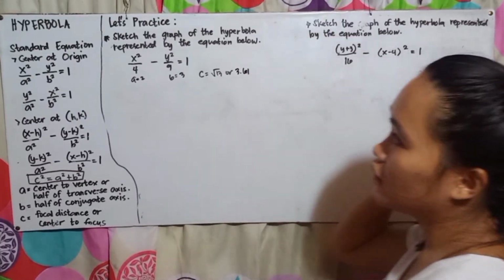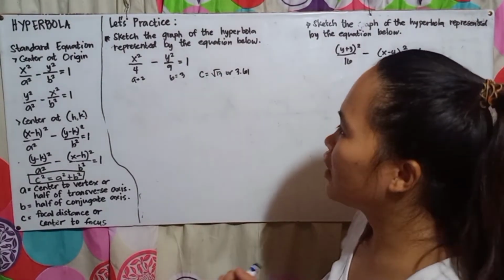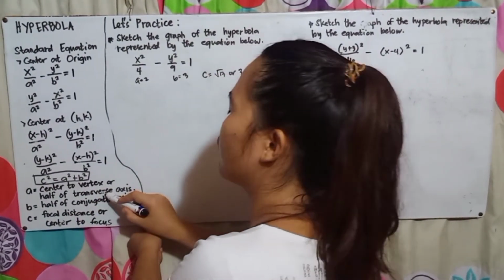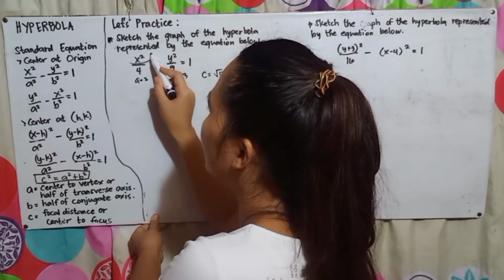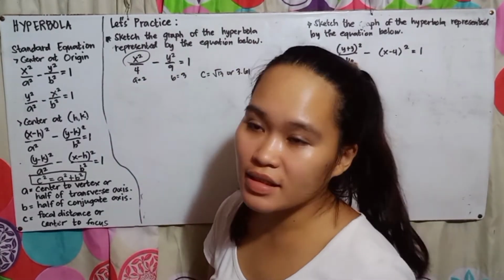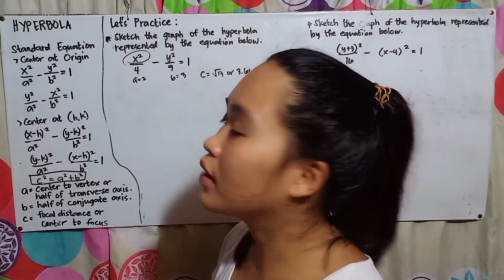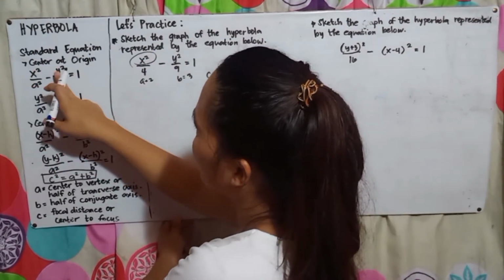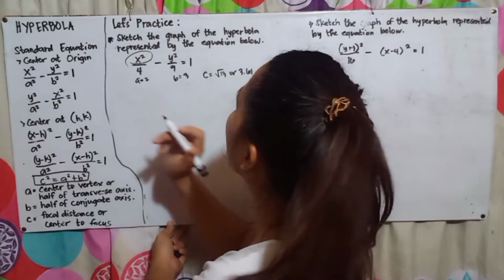So, since sketch ang graph, illustrate natin ang graph. So, since ang angkol sa A, transverse axis is ang X, therefore, nasa X-axis or naka-horizontal ating graph. So, since naka X and Y, our center is at the origin.